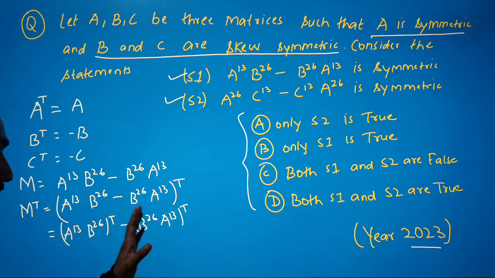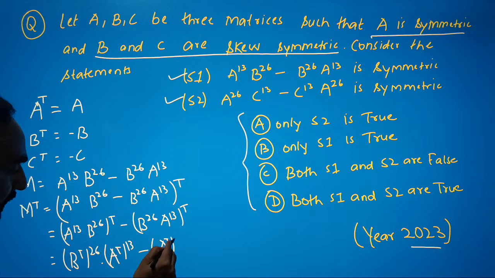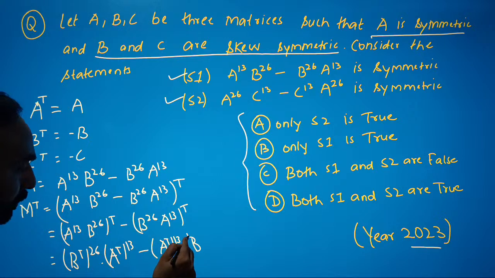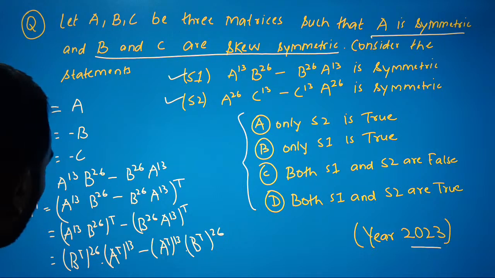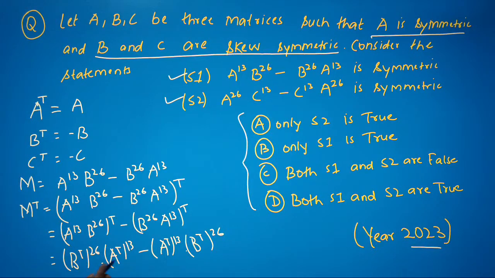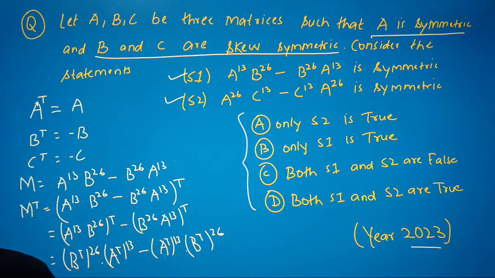Further simplification, using the properties of transpose, will give (B transpose)^26 times (A transpose)^13 minus (A transpose)^13 times (B transpose)^26, right? So now we can write this as (B transpose)^26.